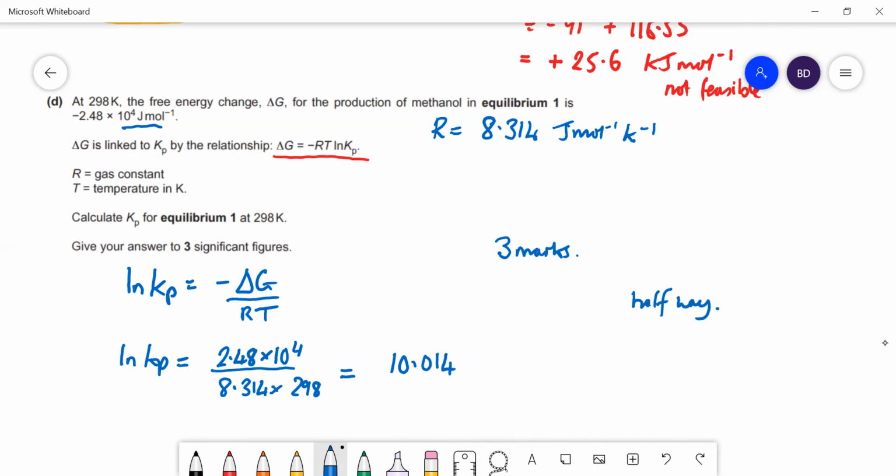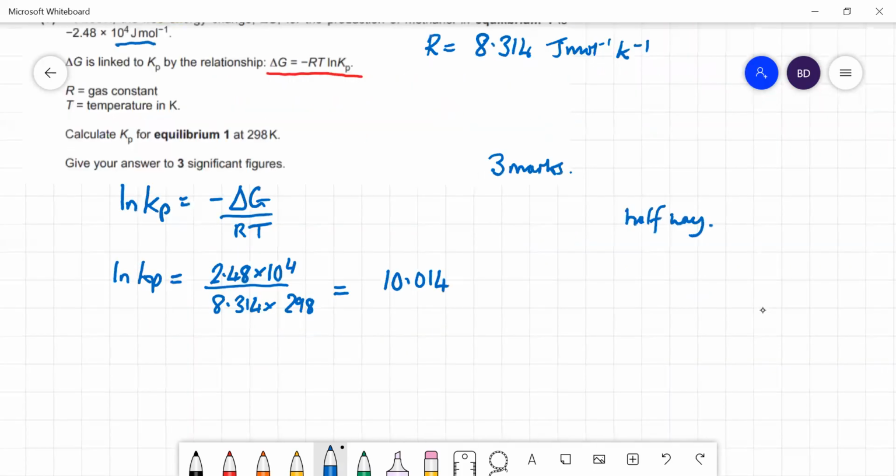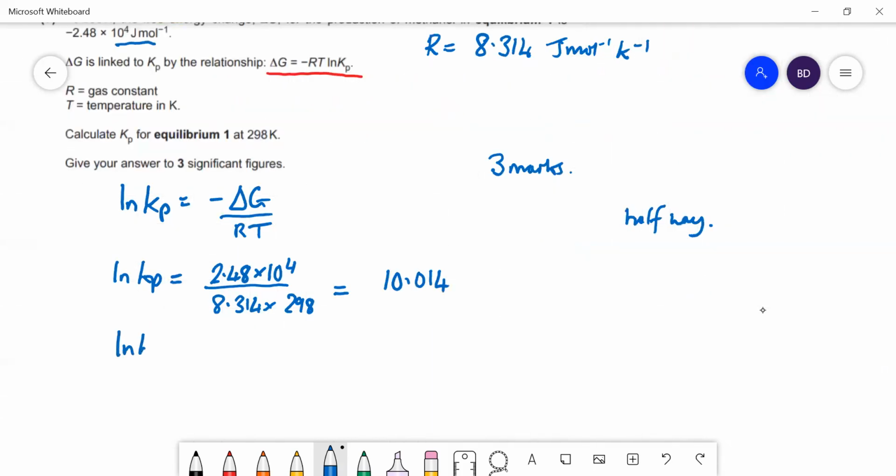Right, that's ln Kp. So do the anti-log of that. So that means Kp is equal to e to the power of 10.014, which is equal to 22243. Okay, give it to 3 significant figures.